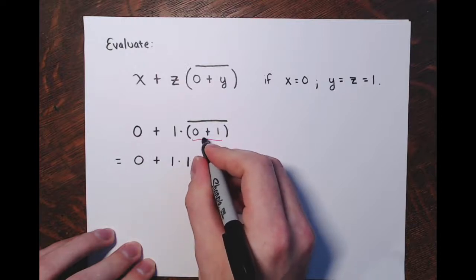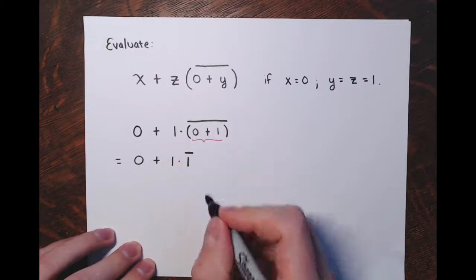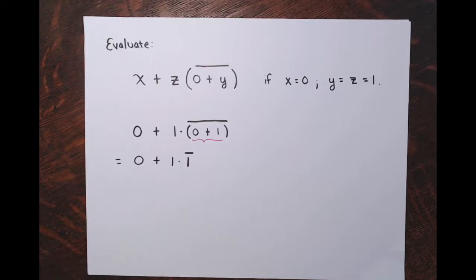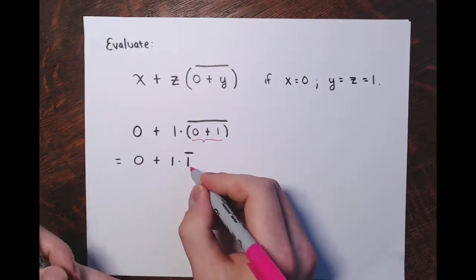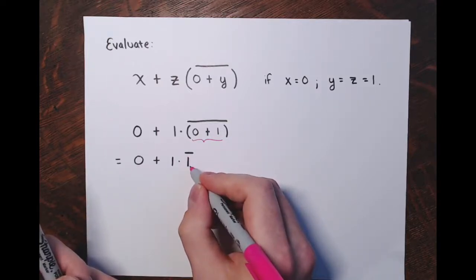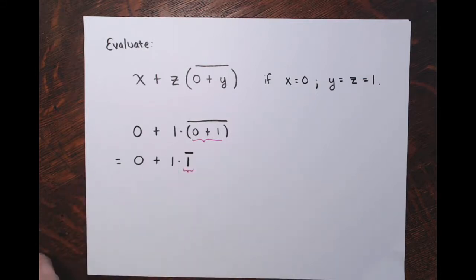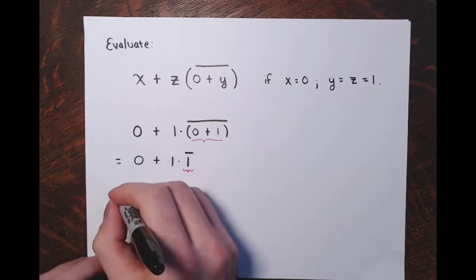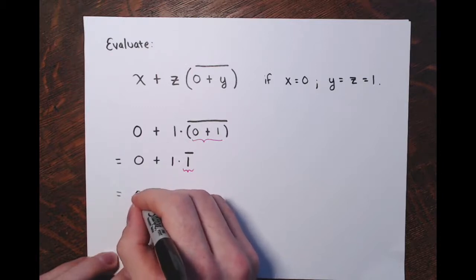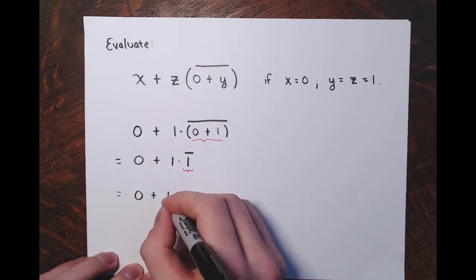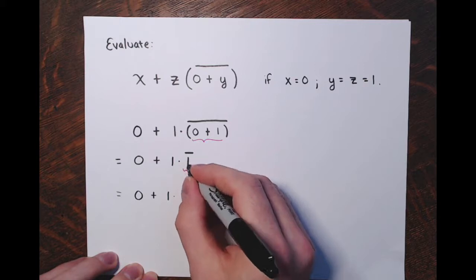So I got 1 here, but then again the bar above it, right? I'm doing the complement. And as mentioned earlier, as soon as you evaluate the expression under a bar, apply the bar, apply the complement. So I'm going to do this complement next. So I have 0 plus 1 times, and then the complement of 1 is 0.